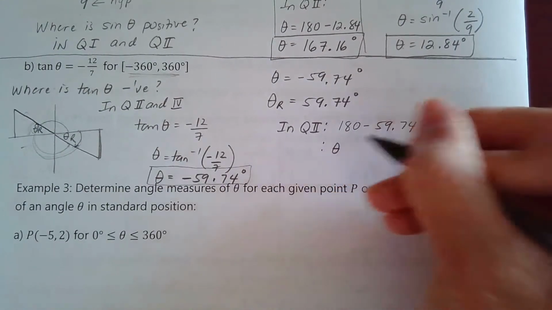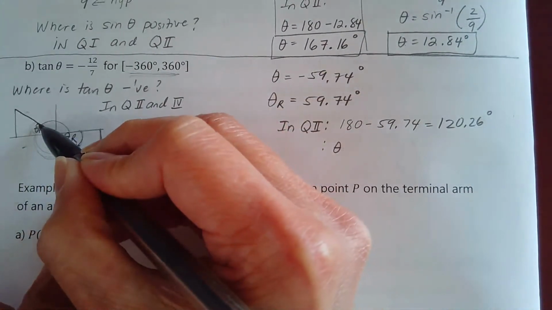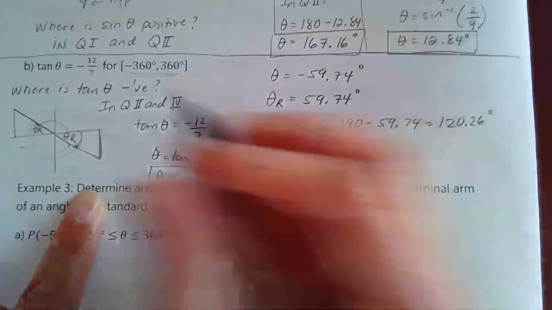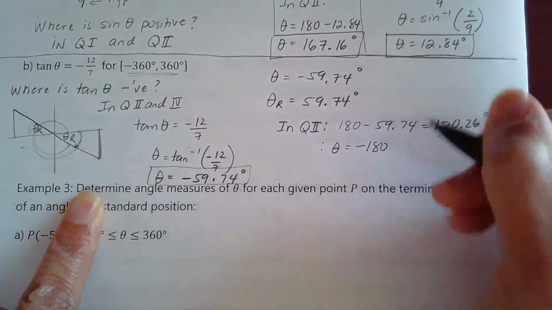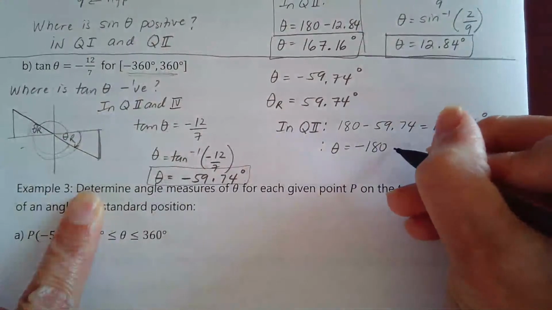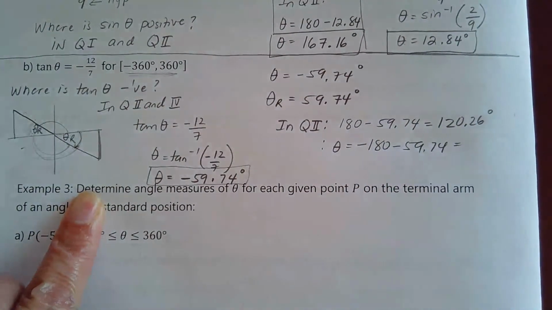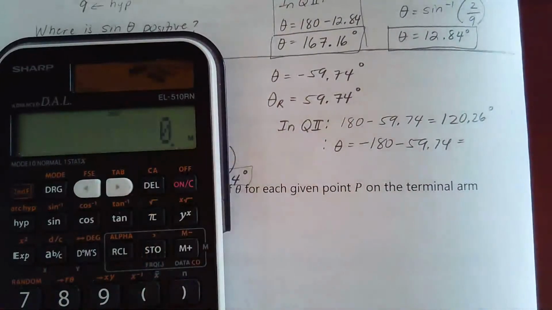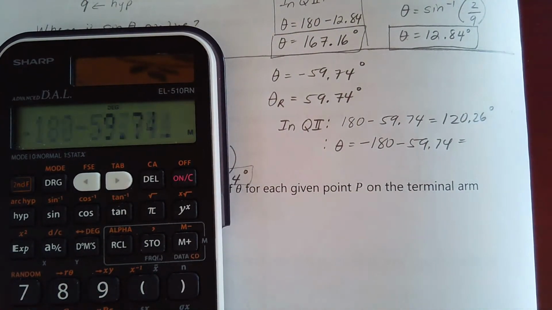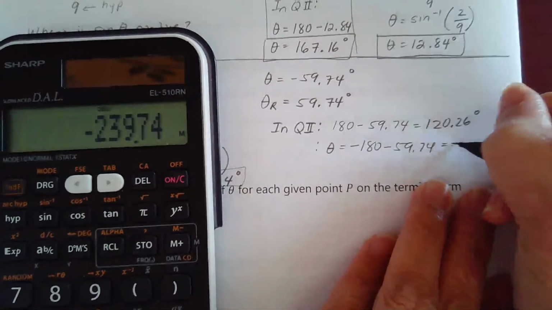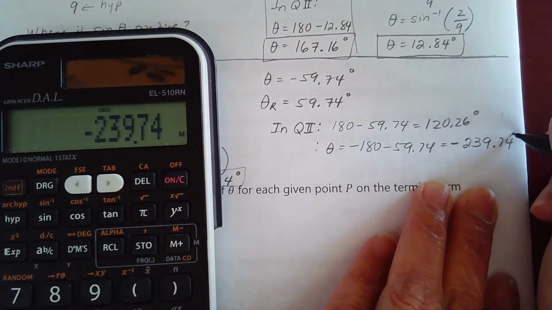From here all the way down there, that's going to give us a negative rotation. So it's going to be a negative 180 and continuing on with another negative 59.74 degrees. So that's negative 180 minus 59.74 degrees, which gives us negative 239.74 degrees.